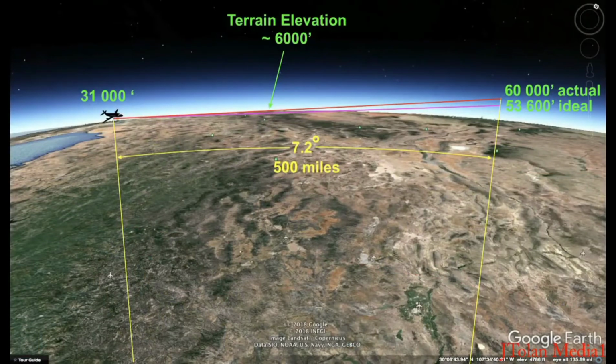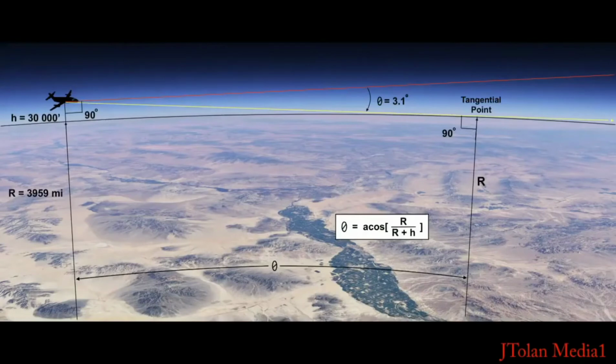If we were living on a globe, a sphere, the mountains in Colorado should not be visible. They're only 14,000 feet, and at that distance, the curvature would be hiding them. Flying at 30,000 feet, we should be looking down towards a tangential point to the sphere at about 3.1 degrees relative to our perceived horizon, or 90 degrees to the gravity vector.